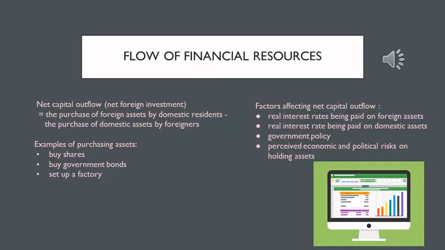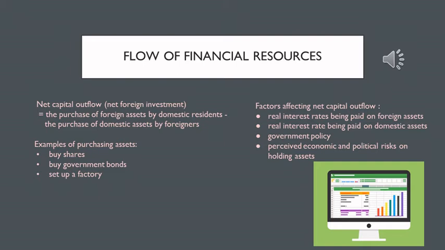For the flow of financial resources, net capital outflow, which is also called net foreign investment, can be calculated by the purchase of foreign assets by domestic residents, deducting the purchase of domestic assets by foreigners. Buying shares is purchasing assets, as is buying government bonds and setting up factories.